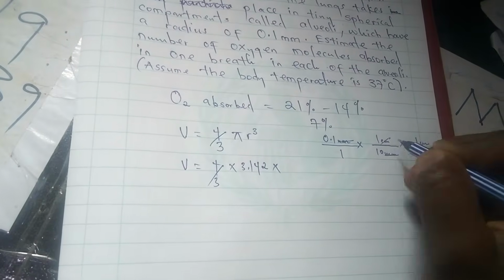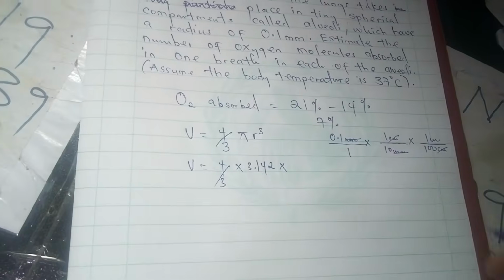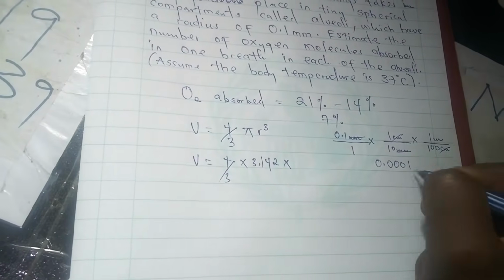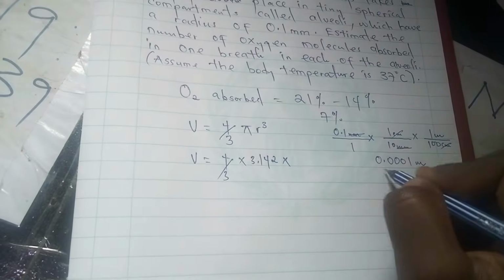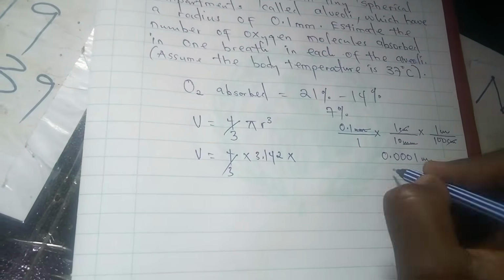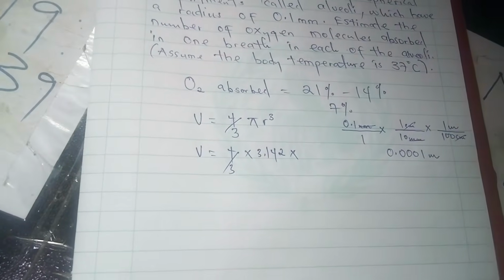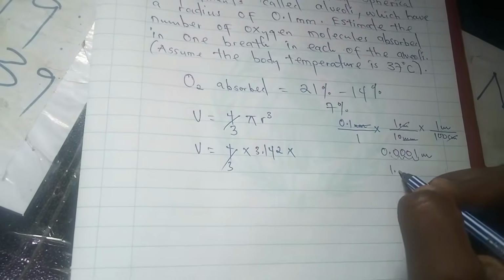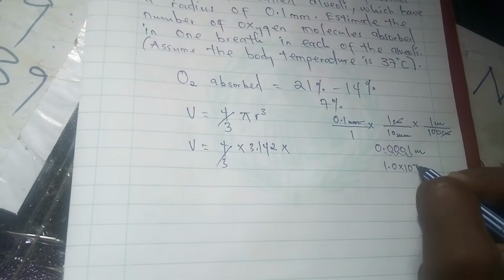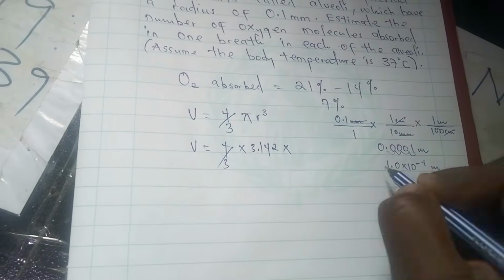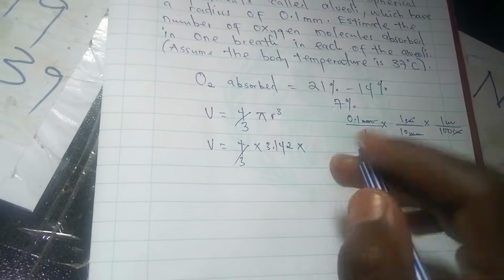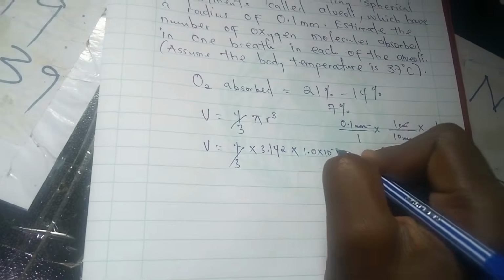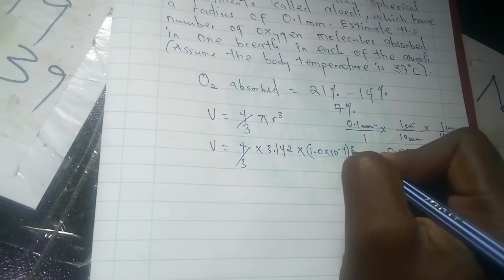So centimeter goes, and you obtain 0.0001 meter. You can simplify this by writing it in standard notation: 1.0 times 10 to the negative 4 meter. This is the radius that is supposed to be there, so that is (1.0 times 10 to the negative 4) cubed.